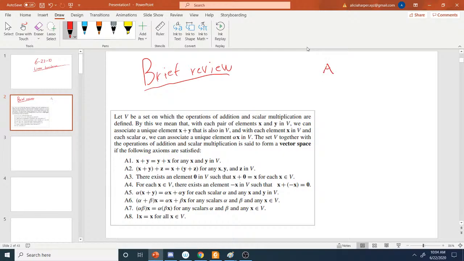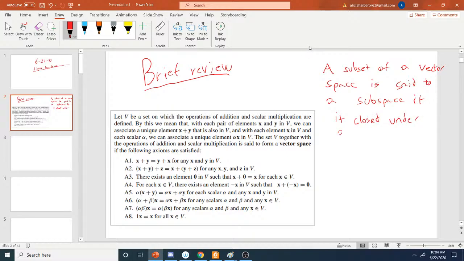So a subset of a vector space is said to be a subspace if it is closed under addition and scalar multiplication.